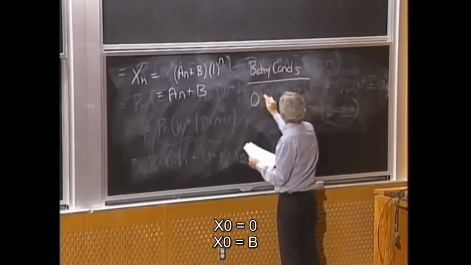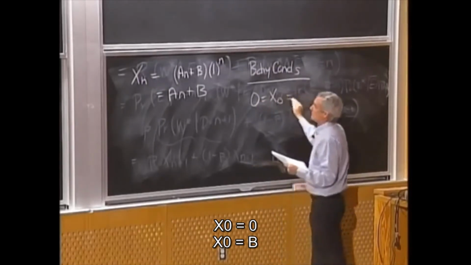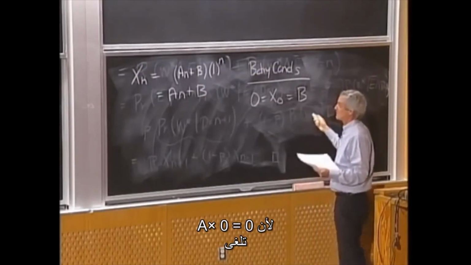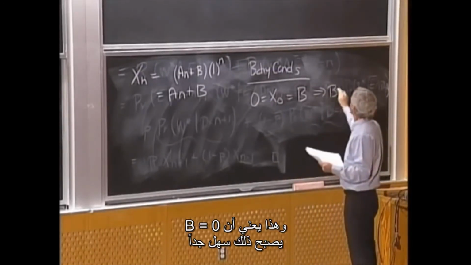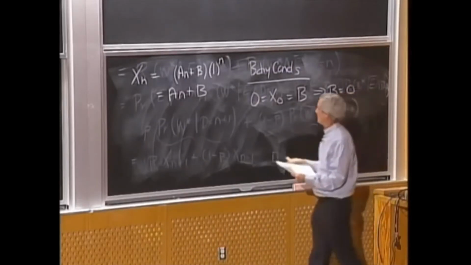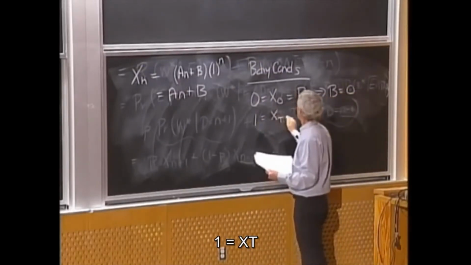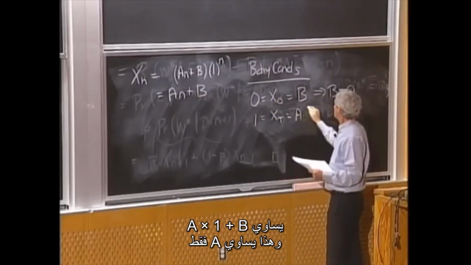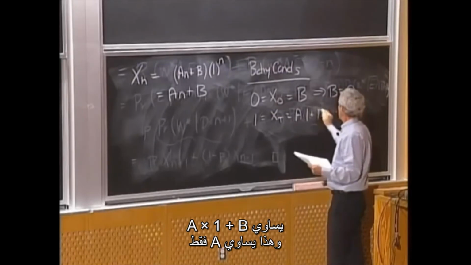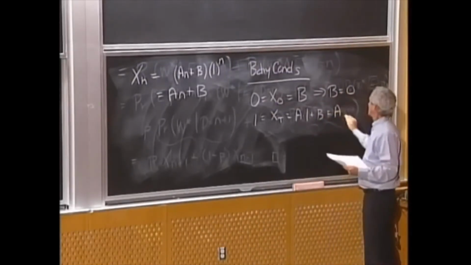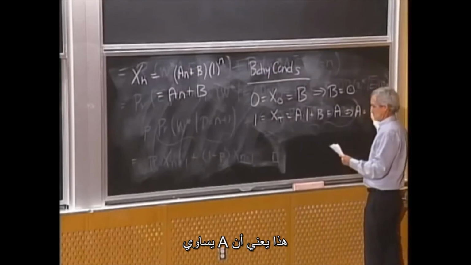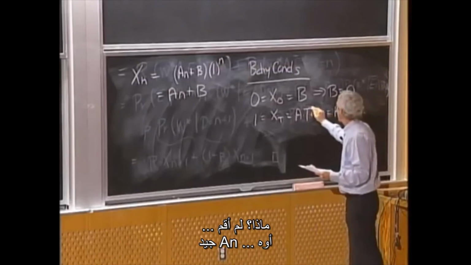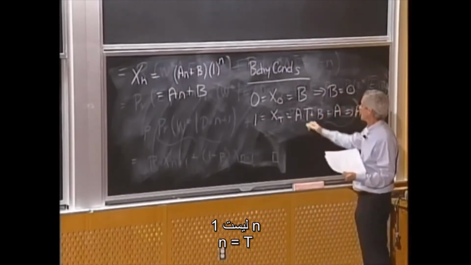All right. x0 is 0. x0 is just b, because a times 0 goes away. And that means that b equals 0. This is getting really simple. x_t is 1, and that's a times t plus b, but b was 0. Oh, n's not 1, n's t.